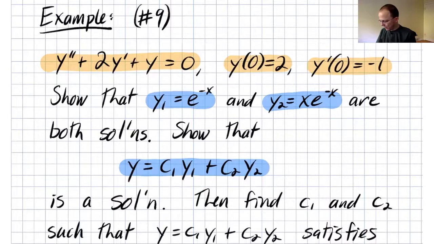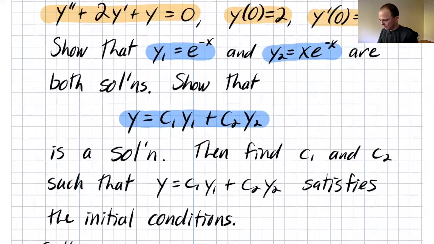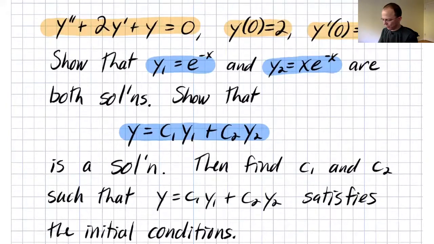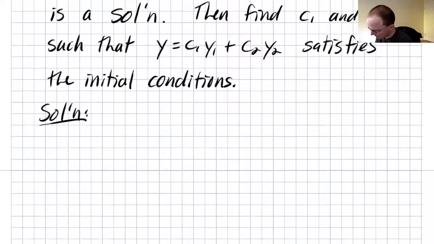After we do that, we're going to use these initial conditions to determine the C1 and the C2. We'll see that both of these conditions are necessary to be able to determine these. And then that's it. We'll finally have our solution for this initial value problem. Okay, so let's get started on this.